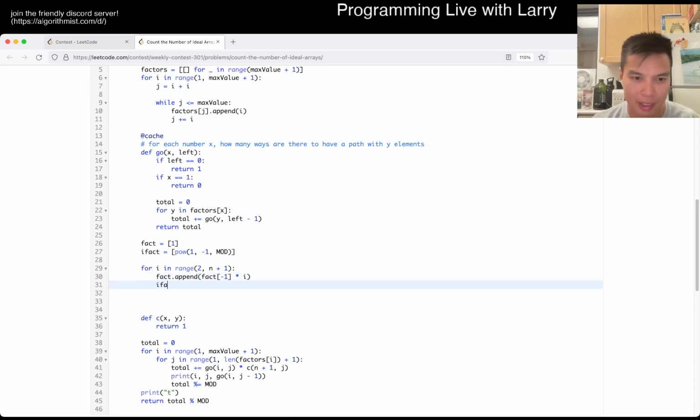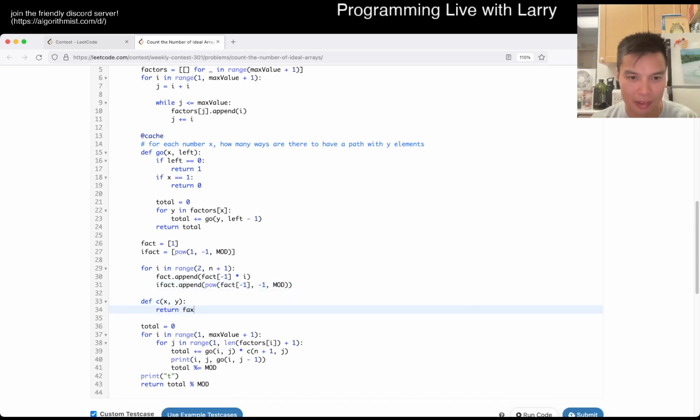Yes, and then the inverse fact is equal to fact of the new fact to the -1 mod. Okay, and then choose of this is just factorial. Oh, I have to mod this. I think last time I forgot to mod too. Yeah, and then here we just have factorial of x times, yeah, how do I do this again?